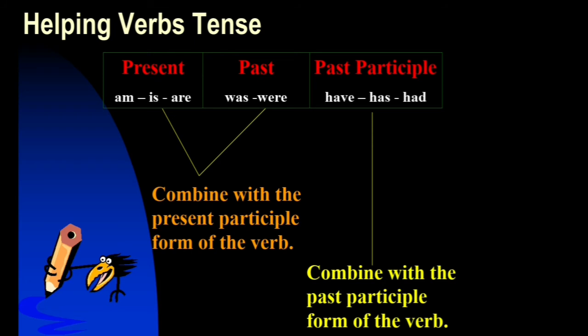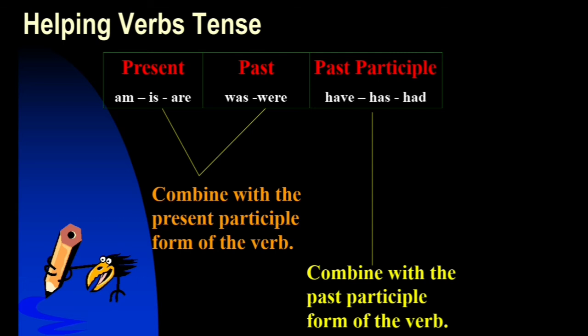Helping verbs tense: present, past, and past participle. In present tense: am, is, are. In past tense: was, were. And in past participle form: have, has, and had.